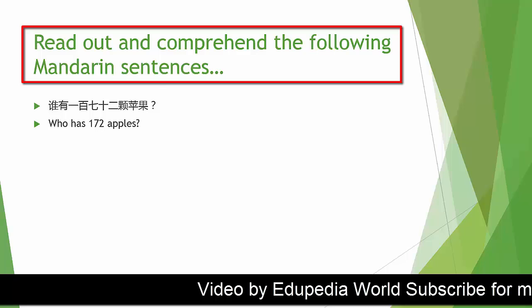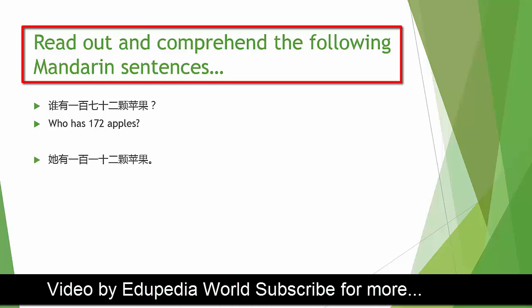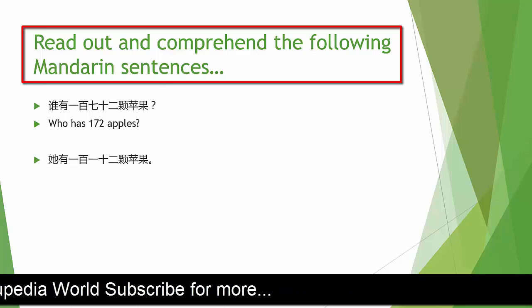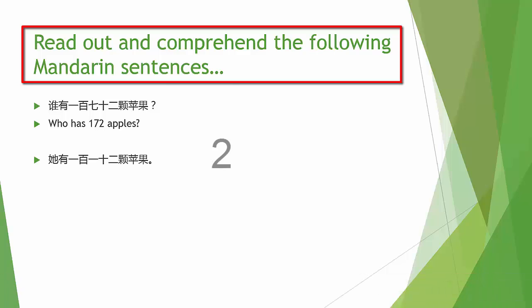My answer is this. Can you tell me what it means and read it out? It means she has 112 apples. 她有112颗苹果.